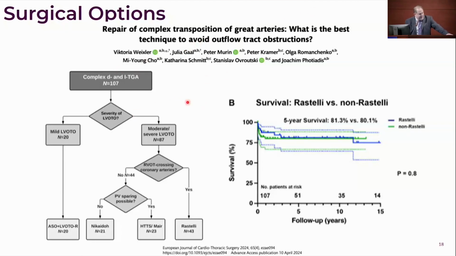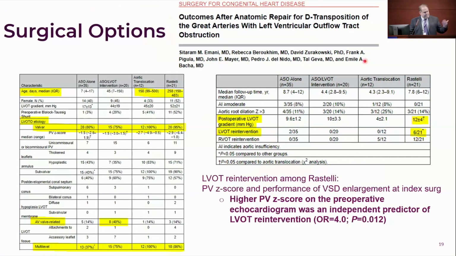And all these papers, Dr. Hasekamp already commented on. Also from the Boston group, what they show in this paper is that the smaller the pulmonary valve, the more likely reoperation, and these patients more often need a Cairo procedure.